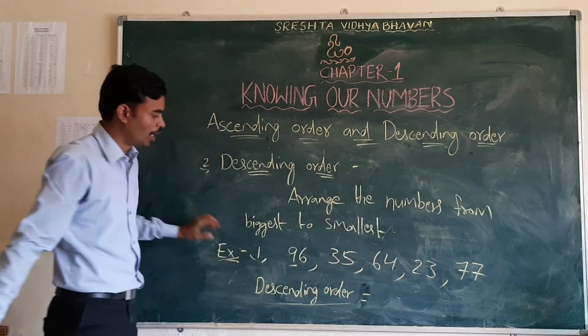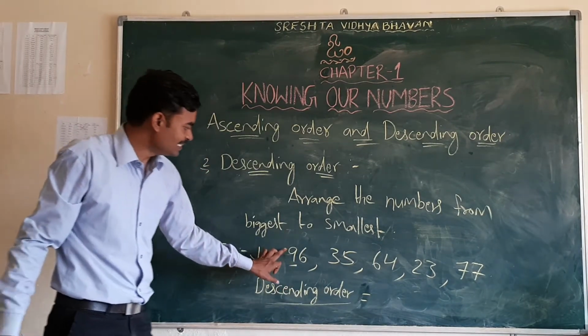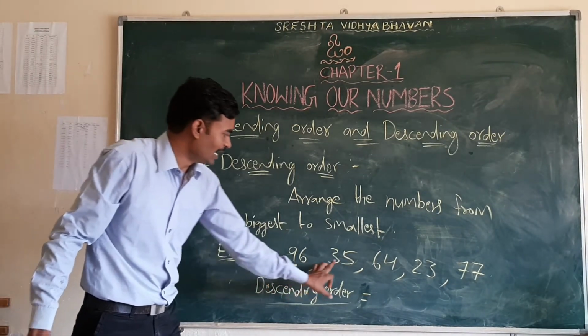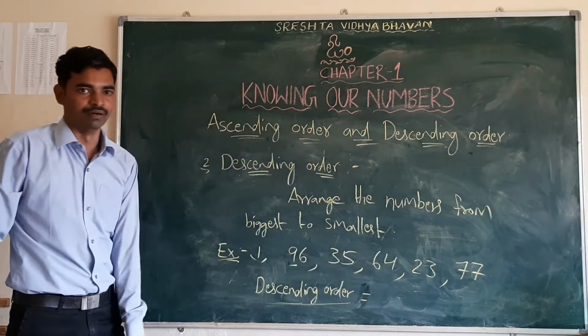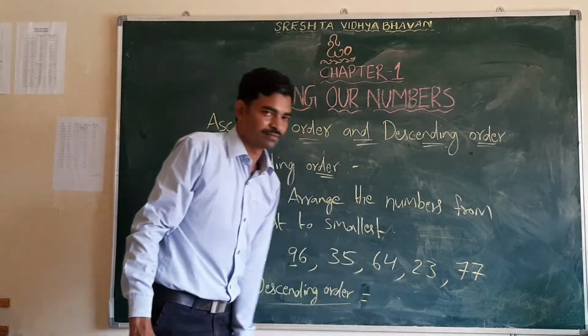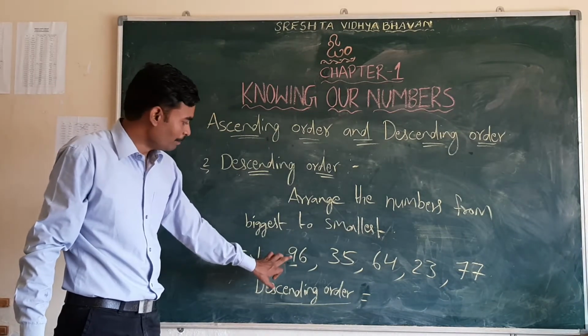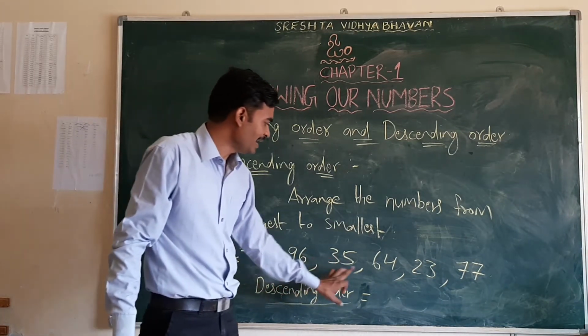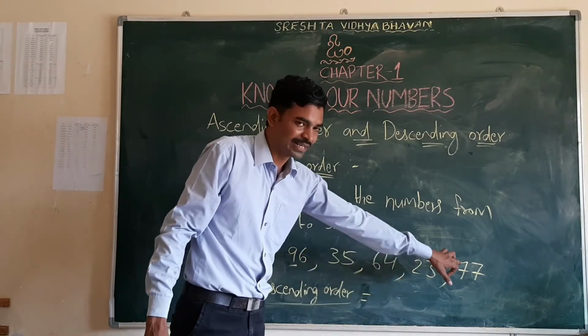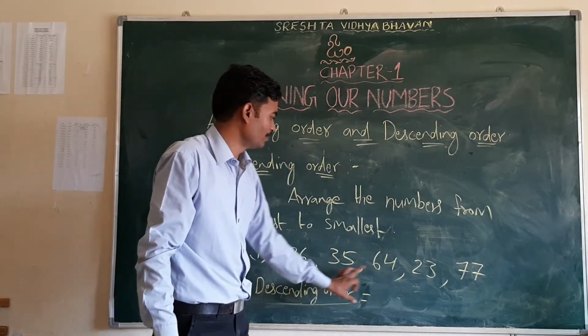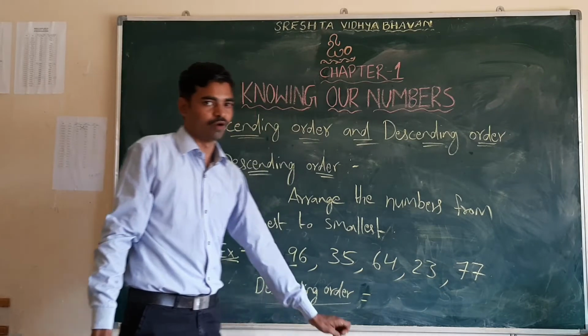In the tens place, 9 is the biggest number, and the remaining are smaller digits. In the tens place, 9 is the biggest digit. In the remaining tens places, the smaller digits are formed.